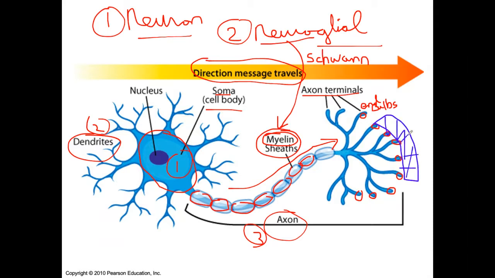Let's say it's the biceps brachii or triceps or something. So the neurotransmitters are going to be released into the muscle to make the muscle react. These neurotransmitters can either be excitatory or they could be inhibitory. They could be like an on switch or an off switch.